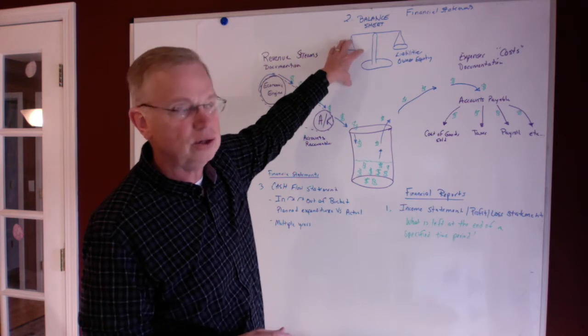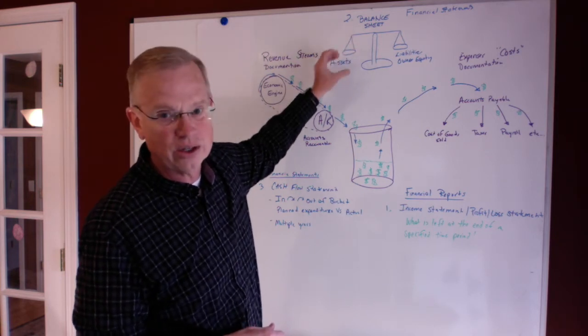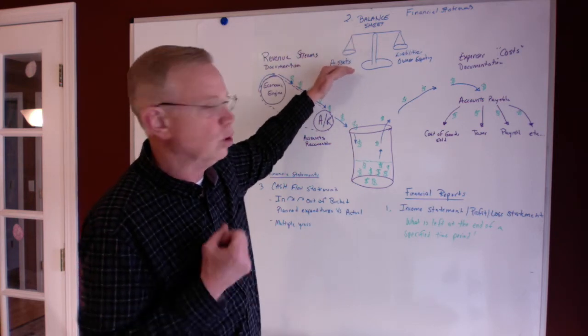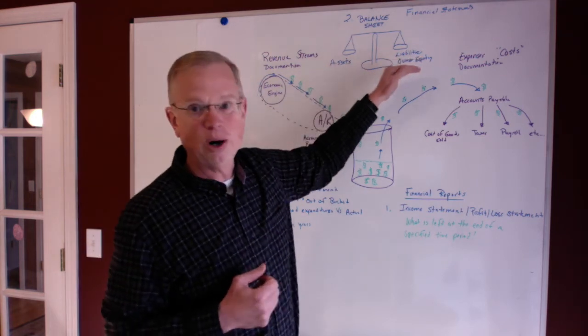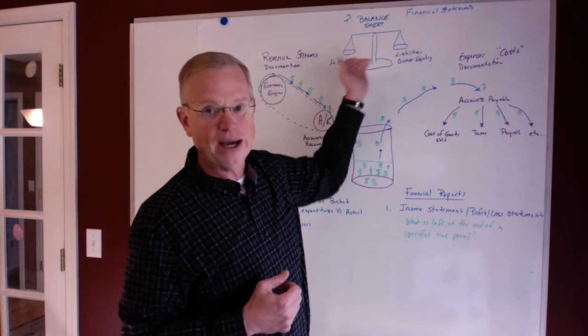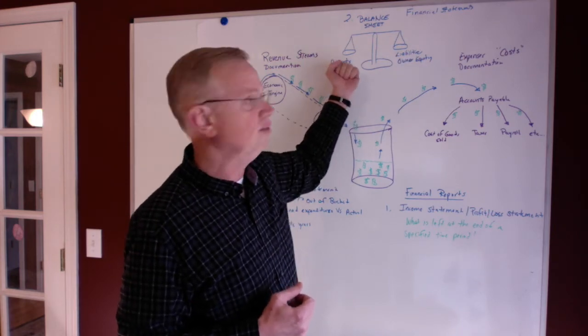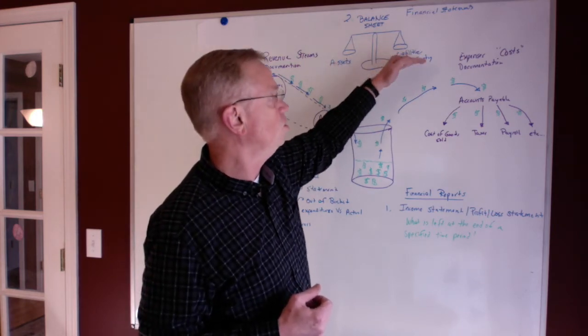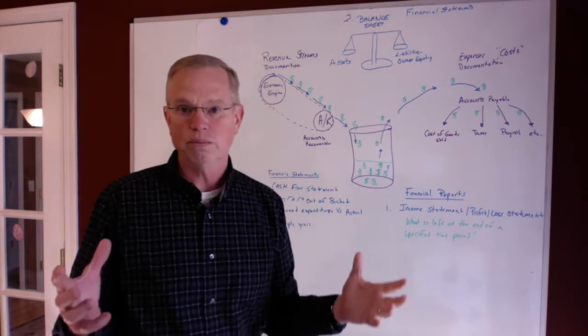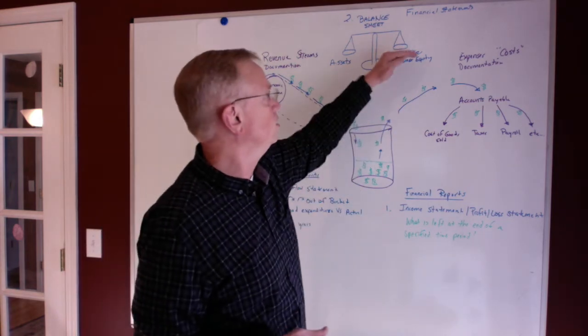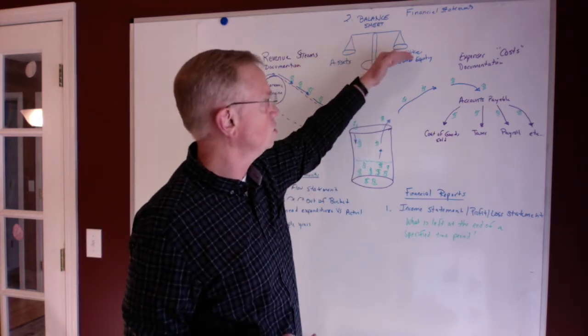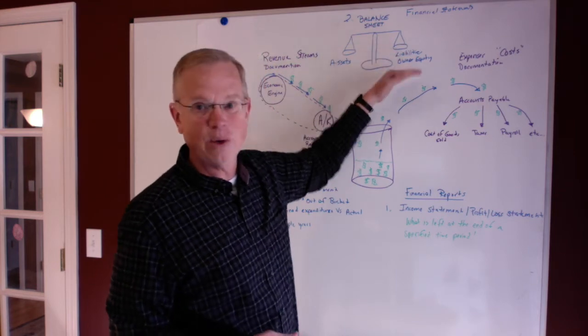They need to be valued, and there's ways of doing that value and looking at how much that is worth. And then also, if you had to borrow money to buy those assets or to have the cash on hand that you have as part of an asset, you might have liabilities, or money that you borrowed to get those assets. But that has to balance out whatever's left over.